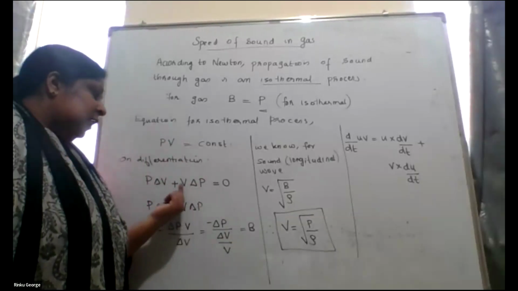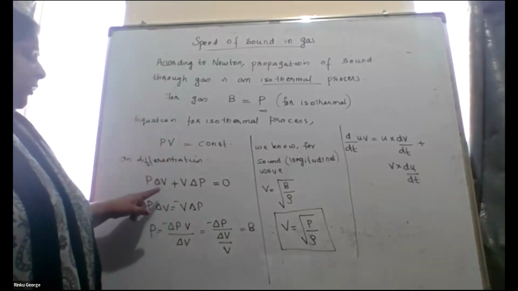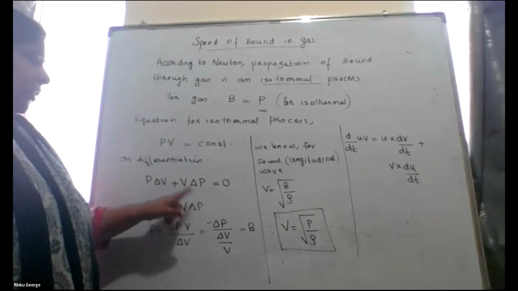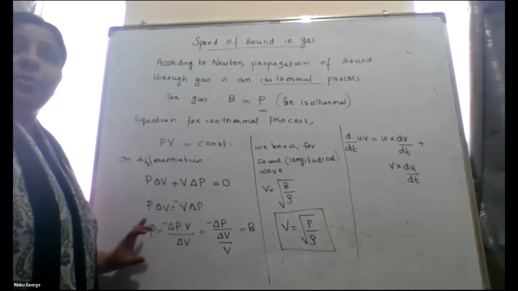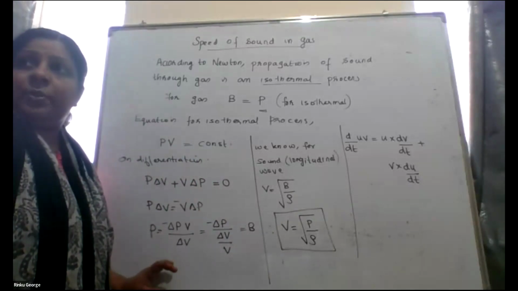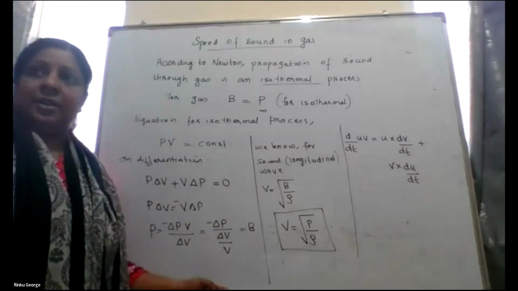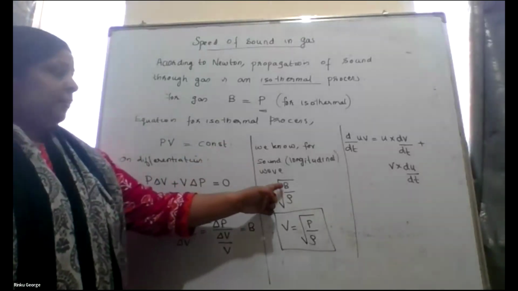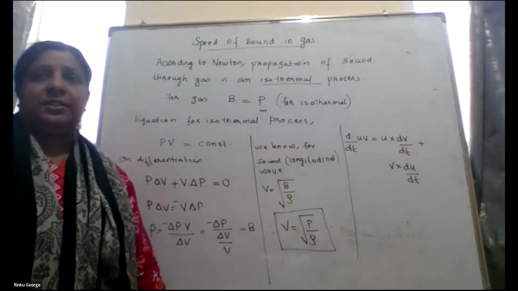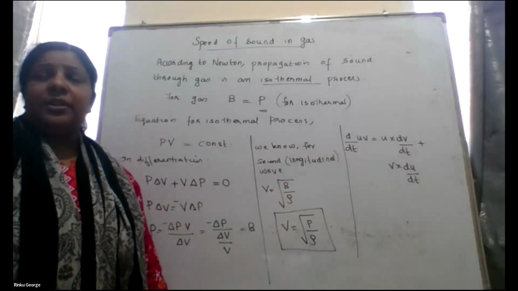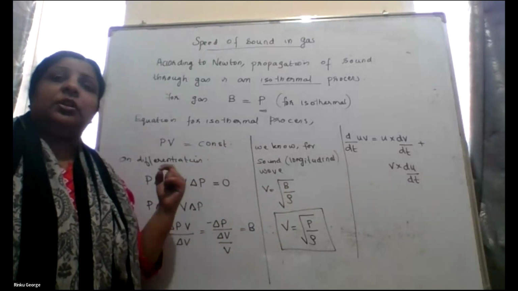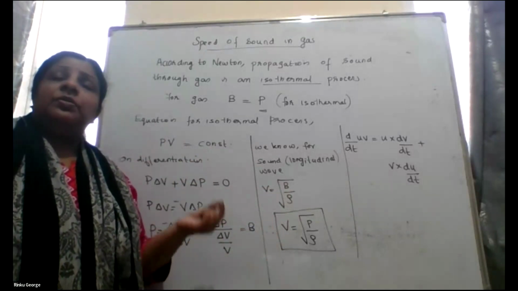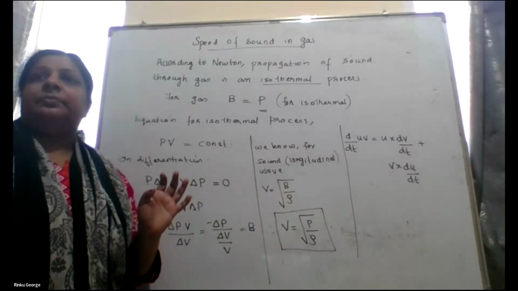When you differentiate on both sides, P delta V plus V delta P is equal to 0. Taking this to this side, you need to find what is P. From the equation, you will find the pressure to be B. So in the basic formula, you just substitute B as P. That's it. This is Newton's explanation for the speed of sound in gas.